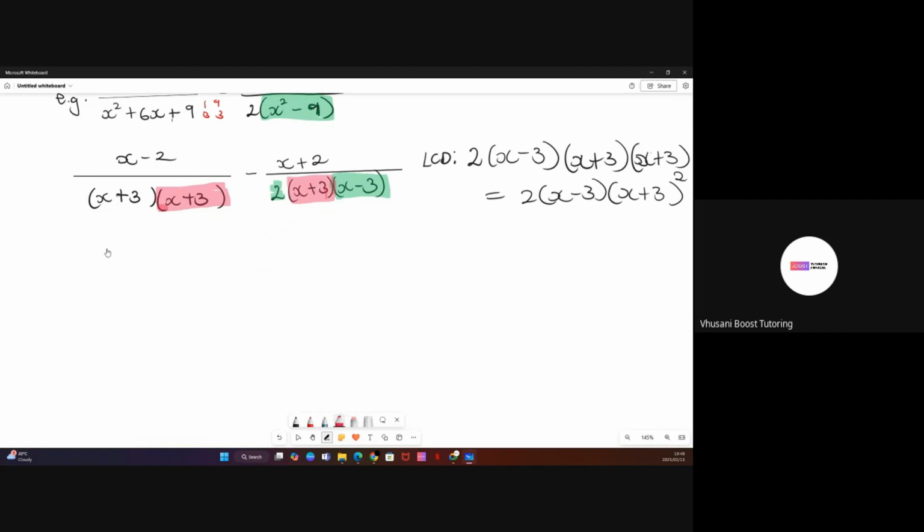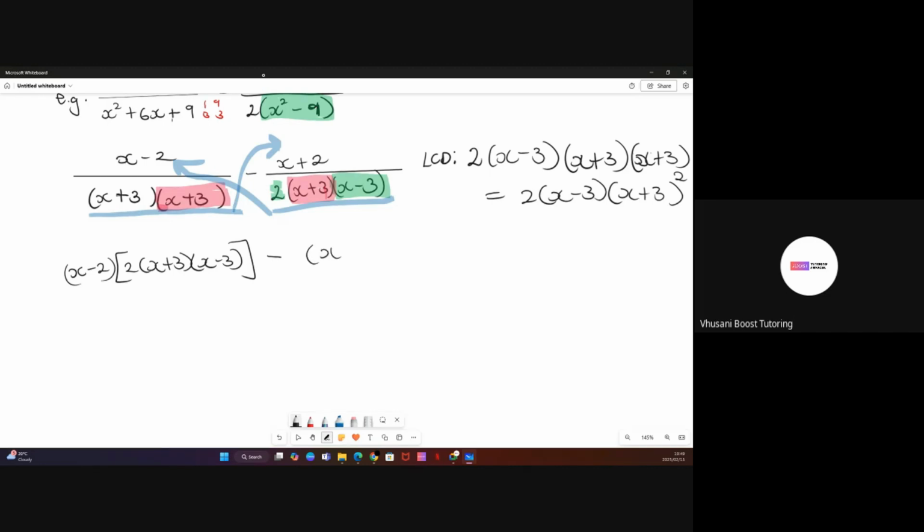Okay, so remember, once we find the lowest common denominator, we just need to multiply this part of the denominator to the numerator of that part, right? And then we multiply this denominator as well to that part, all right? And then we basically have x minus 2 multiplied by 2 multiplied by x plus 3, x minus 3, right? Then we put this negative symbol in front.